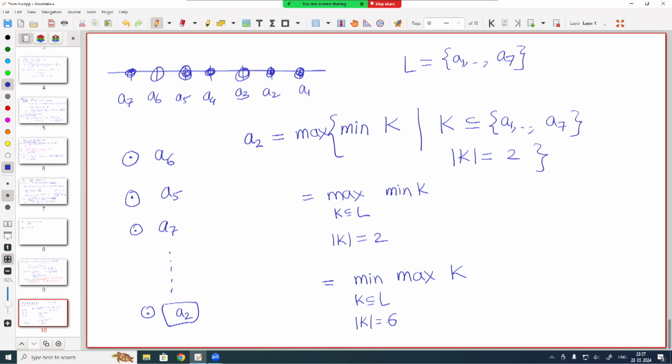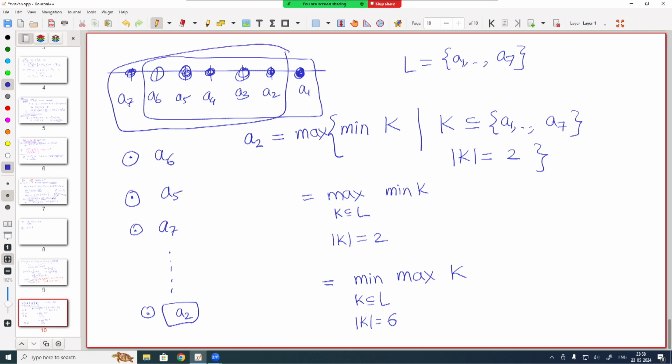What will the maximum usually be? Suppose I pick the numbers A1 through A6, maximum is A1. If I picked A1, A2, A3, A5, A6, A7, still maximum is A1, and so on. Most of the time I will get maximum as A1, but there is one case when I will get maximum as A2, which is when I pick A2, A3, A4, A5, A6, A7.